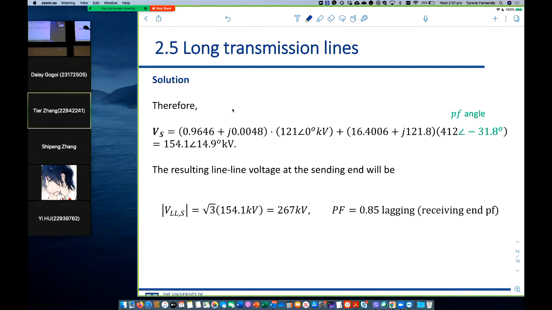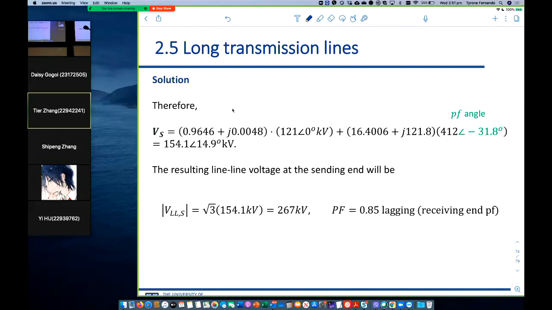So I know the receiving end voltage, I know the receiving end current, and I know the ABCD matrices for the long transmission line. Therefore, I can find the sending end voltage and sending end current.